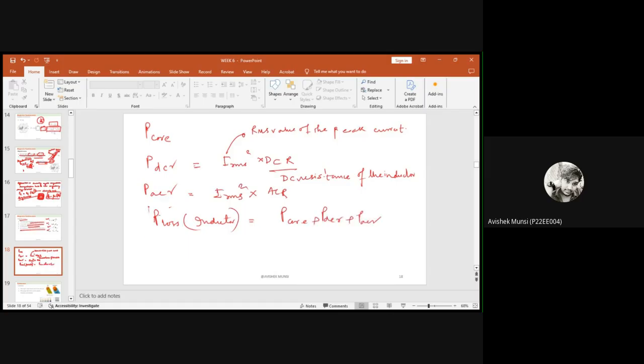Okay, clear? So, if you have any doubt regarding these losses, you can ask, and then we'll move into some basics of inductor design.